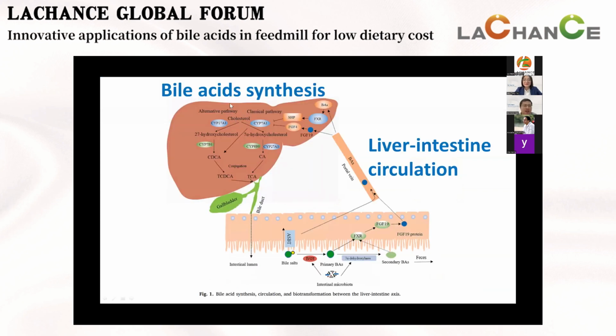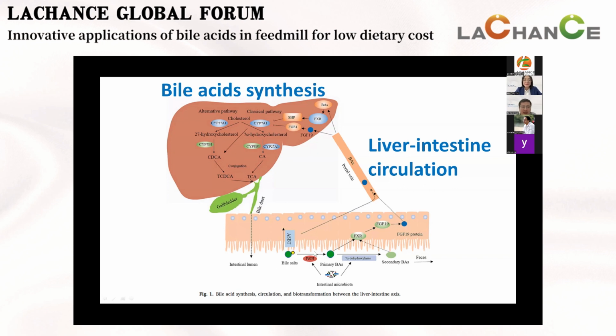In this picture, we can see that bile acids are produced from cholesterol through two pathways. One is the classical pathway, and the other is the alternative pathway. Bile acids are mainly synthesized in the liver and can be transported to other tissues.